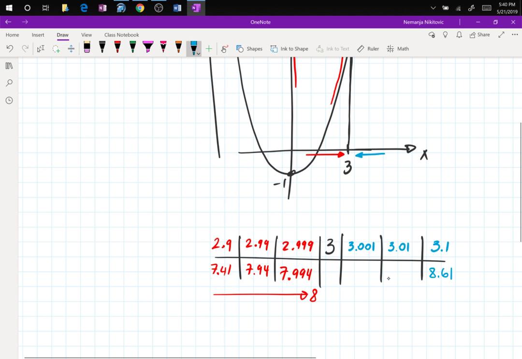So 3.01. Oh, look at that, 8.06 now. And then finally 8.006. Do we see that it falls into 8?